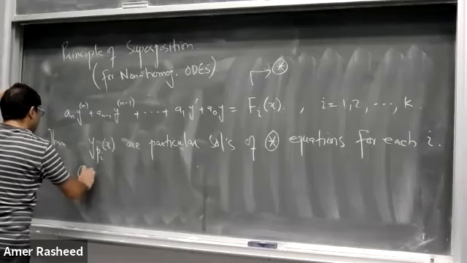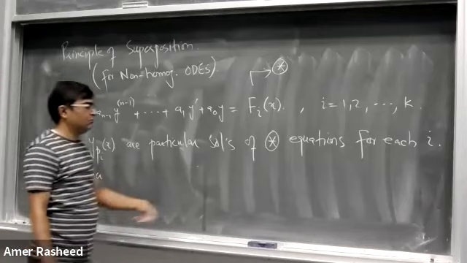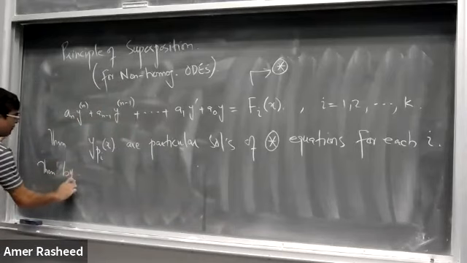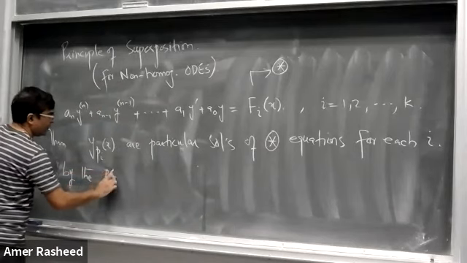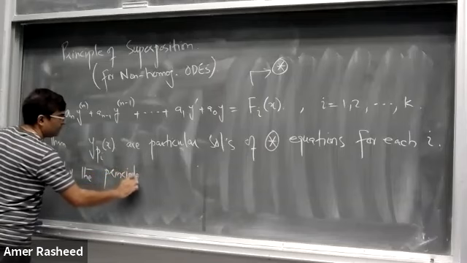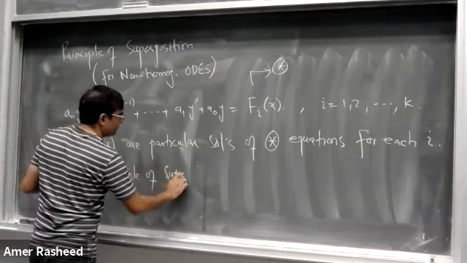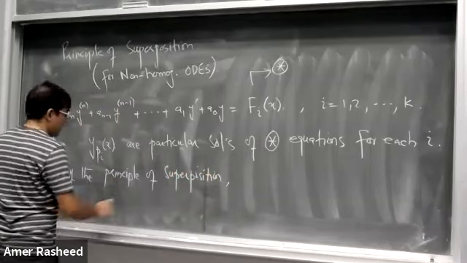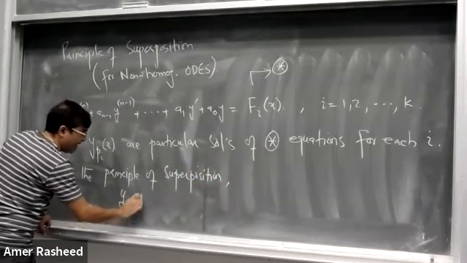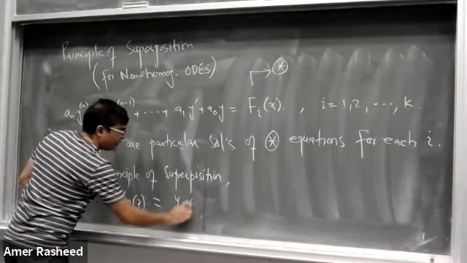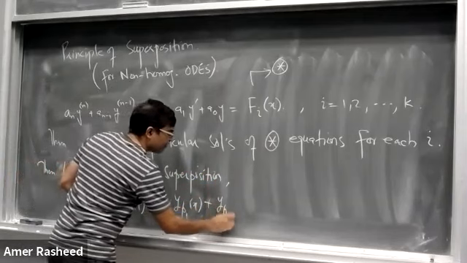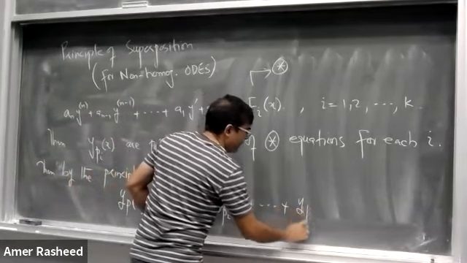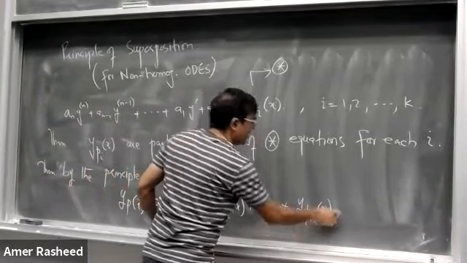Then by the principle of superposition, yp of x, the general yp of x, is yp1 of x plus yp2 of x plus so on plus ypk of x.